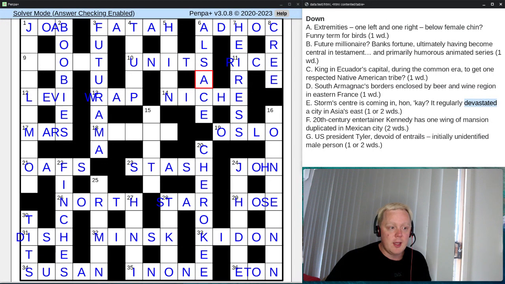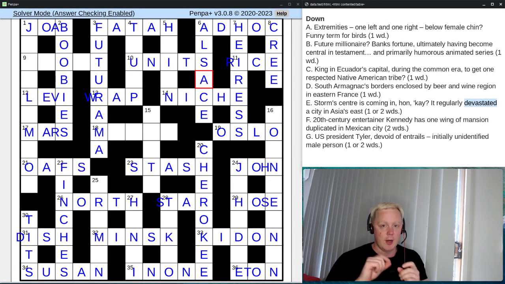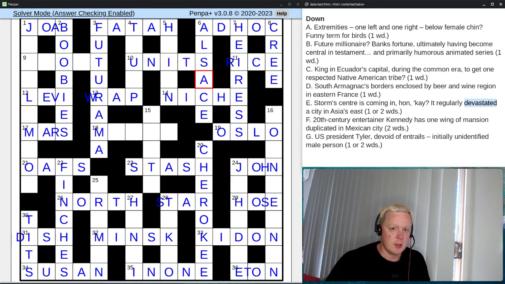So regularly devastated means take regular letters and then anagram them. Now the reason you don't usually see this is you have so many degrees of freedom putting regular letters into a string that you can just put them in the right order in the first place. You don't have to anagram them. But here, since we're looking for several answers, we're going to have to do some anagramming as well.